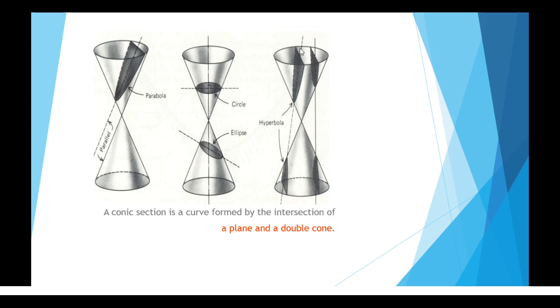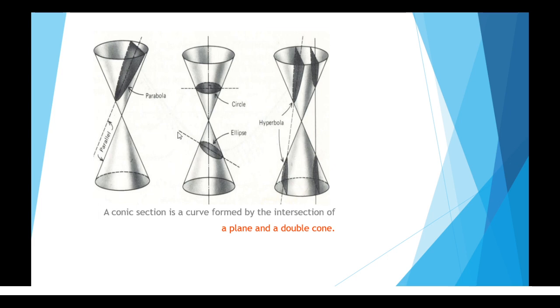Now, in the parabola, the plane was parallel to the generator. Now, what kind of section am I taking? I am intersecting the plane just parallel to the axis. So what shape do I get? I get a hyperbola.